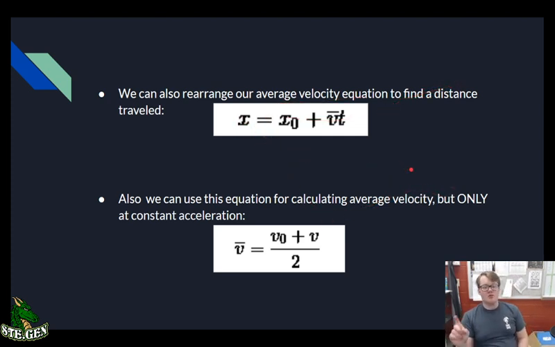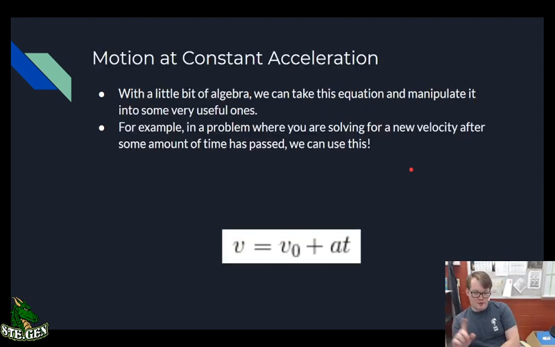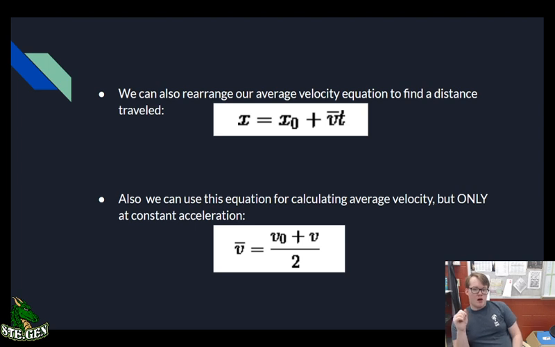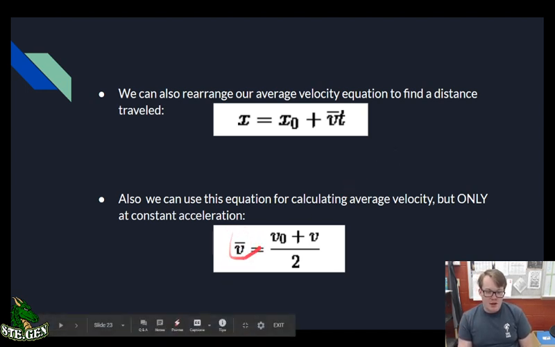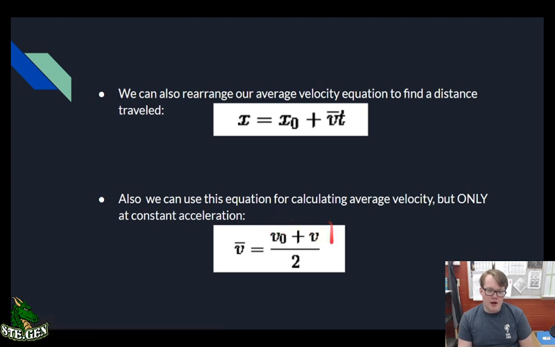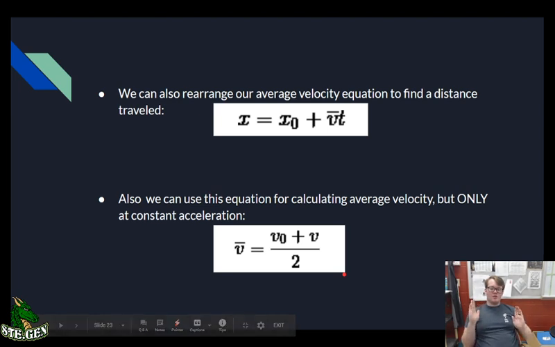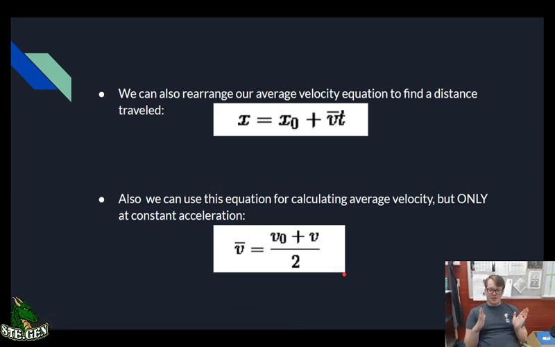We can also use the equation for calculating average velocity if we rearrange. Again, you can only do this if acceleration is constant. If your acceleration is constant, then the average velocity is just the middle point between v naught and your final velocity. That's because, let's say you start at 0 and get to 100 at a consistent acceleration.